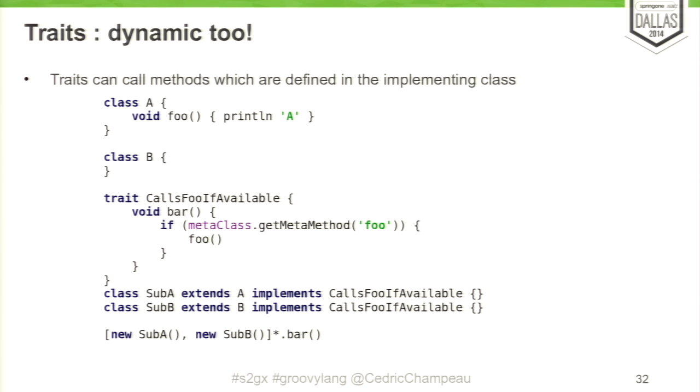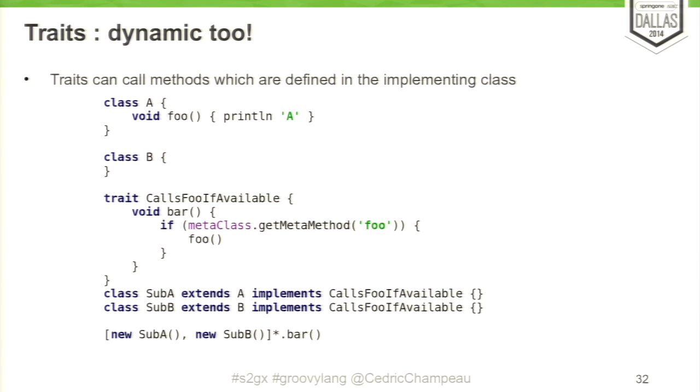Yeah, and then include the has foo trait in sub A, for example. You could. So would the foo if available, would it find the foo method? Yes, because the metaclass, it's all static, so it's compiled. You would have the method available at compile time, so it will be able to find it. So the metaclass would define it actually.